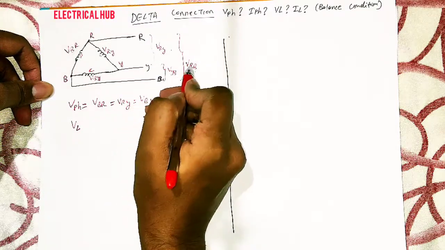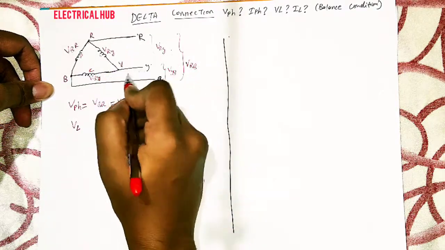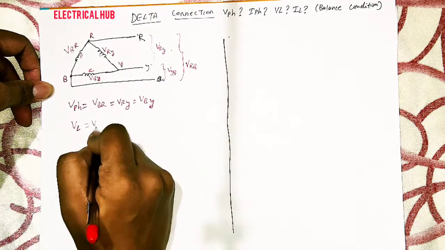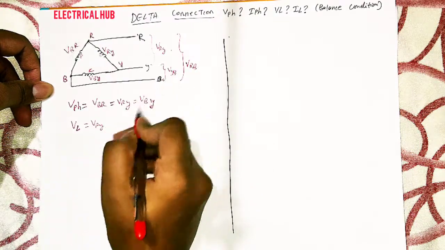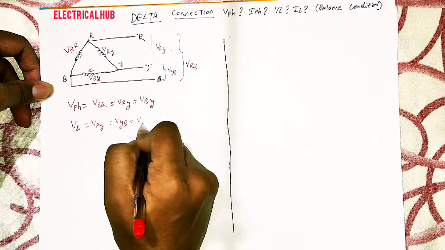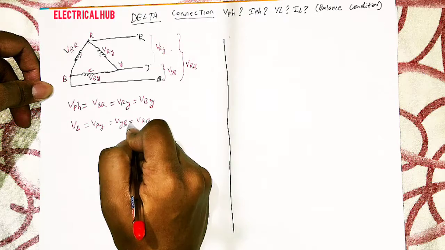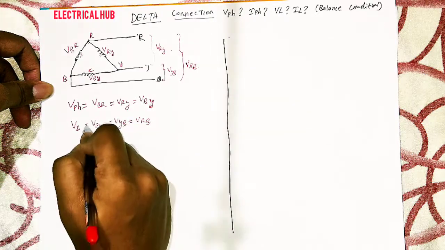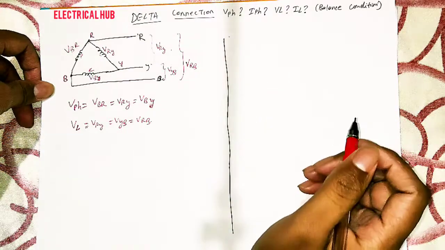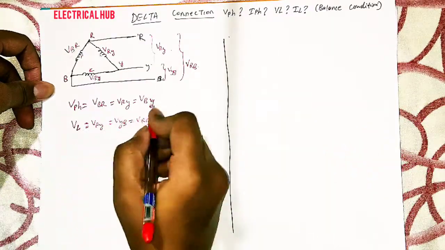Alright, and now let's write the value of VL, line voltage. These parts are line voltage, which is the voltage between line wires. And what are the voltages of line wires? VRY, VYB and VRB. Alright, and these are also equal to each other because the question is asked under balanced condition.